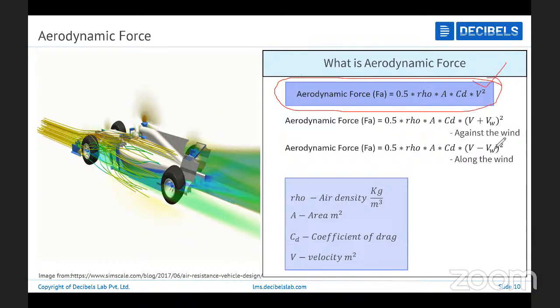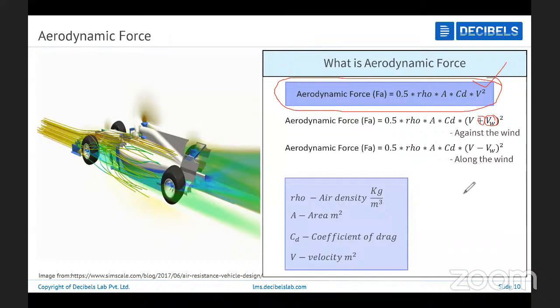There are some alternative equations, and it depends on the wind. In extreme wind blow conditions, if the wind is against our vehicle motion, then we have to consider the wind speed and add it to our existing vehicle speed.